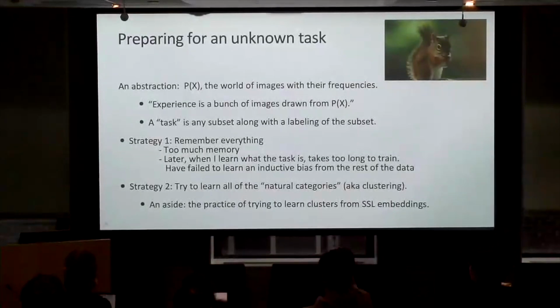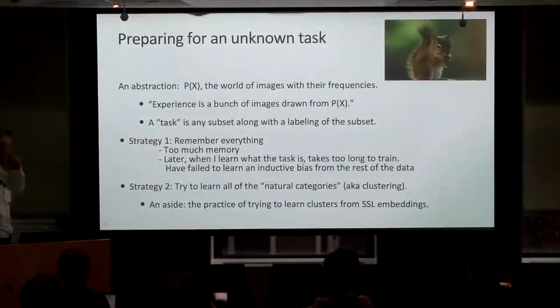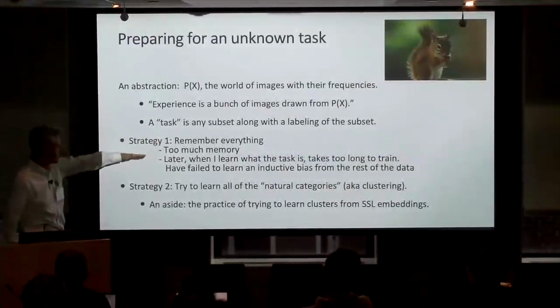One thing to do is like what students do when they don't want to study during the semester. They just record everything and play the videos right before the final exam to try to learn everything the night before the test. And of course, the problem with this is it requires vast amounts of memory.